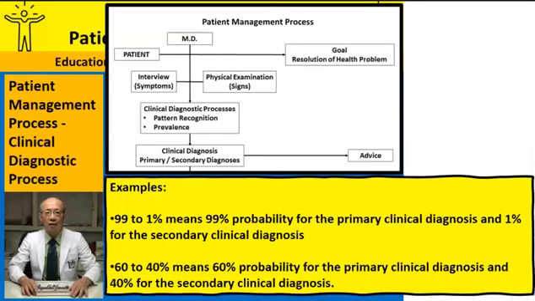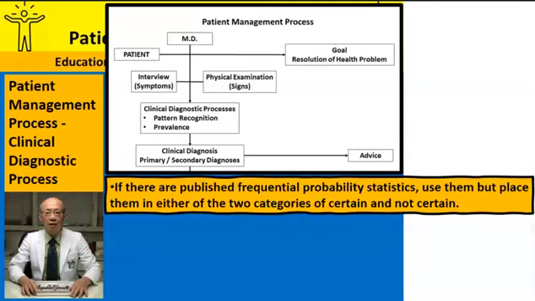Examples, 99 to 1% means 99% probability for the primary clinical diagnosis and 1% for the secondary clinical diagnosis. 60 to 40 means 60% probability for the primary clinical diagnosis and 40% for the secondary clinical diagnosis.